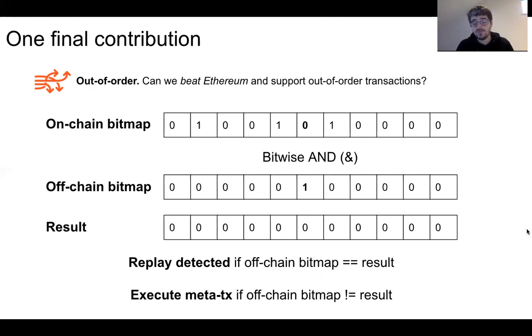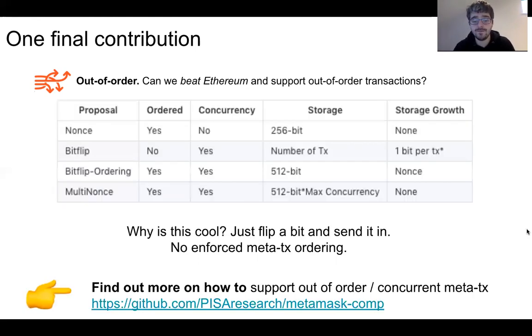So we have other contributions around this idea. This is really cool. We have Bitflip with ordering, so we can have ordered transactions and unordered transactions. And then there's this idea called multi-nonce, where we can support up to n concurrent transactions at any time. So if you want to support 5 transactions a second, then we need 5 different nonces, and we just do the ordering as normal.